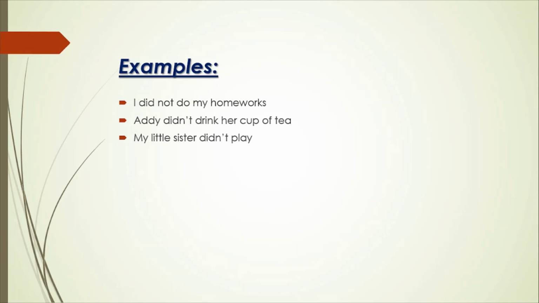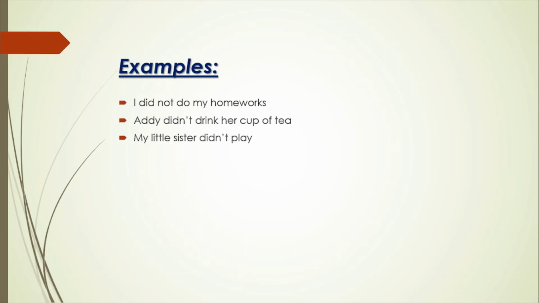The first one is I did not do my homeworks or I didn't do my homeworks. That's the same thing. Okay, the second. Addie didn't drink her cup of tea or Addie did not drink her cup of tea. My little sister didn't play or my little sister did not play.